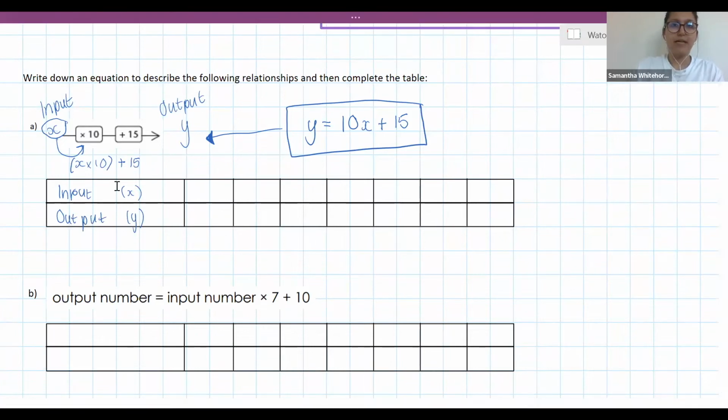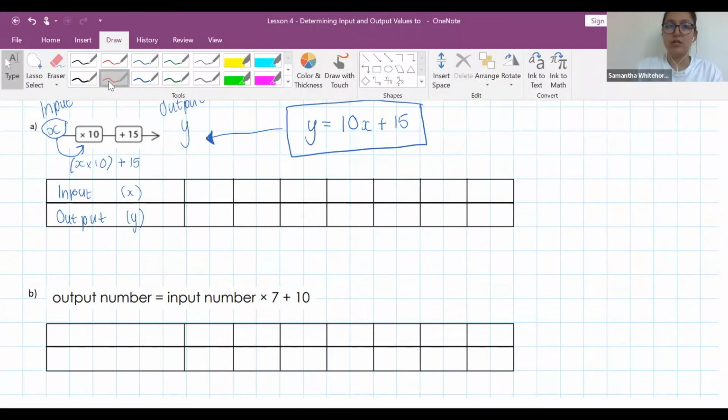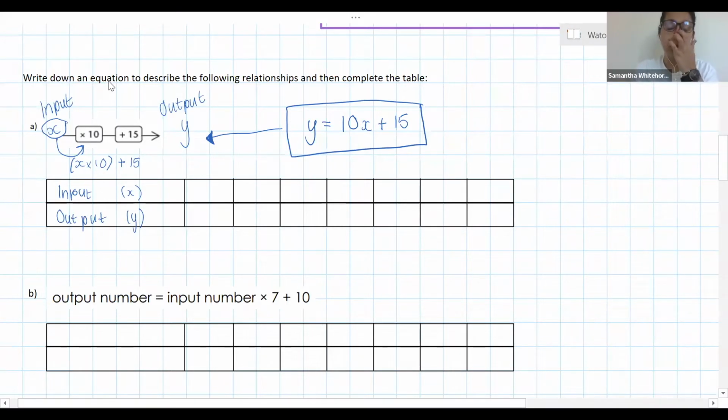What I mean by that is, your x variable is essentially the independent variable. So we can pick values for x to substitute into our equation in order to find y. For example, if I said your input was -3, to get my output of y, I would take 10, multiply that by -3, and add 15. 10 multiplied by -3 is -30, plus 15 is -15.